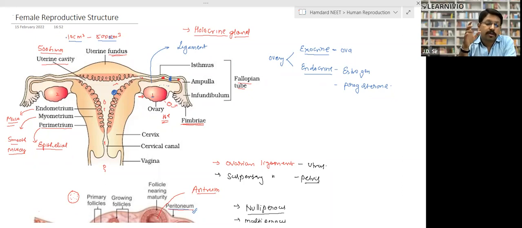So the contraction of myometrium results in the birth of a child. So please note it down. Myometrium is involved in uterine movement, and helps in childbirth.